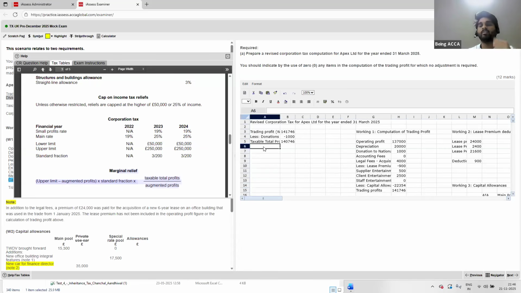Augmented profits is nothing but the sum total of your taxable total profits plus dividends from your non-associated companies.